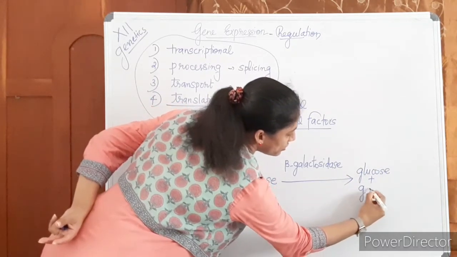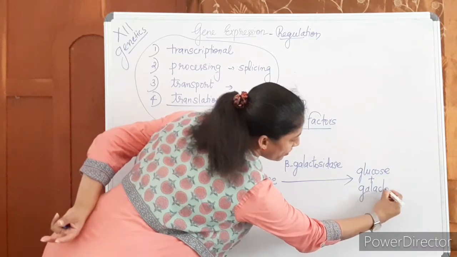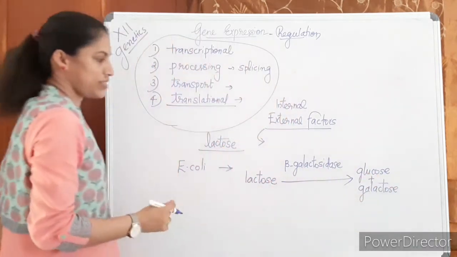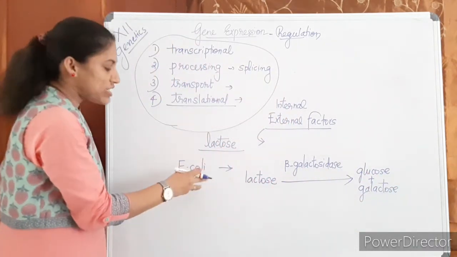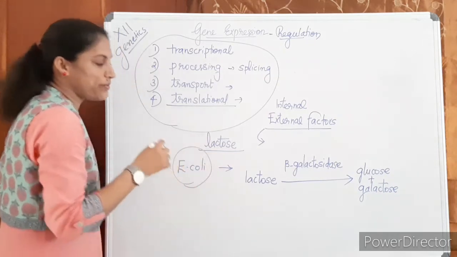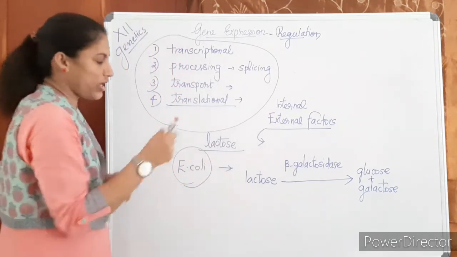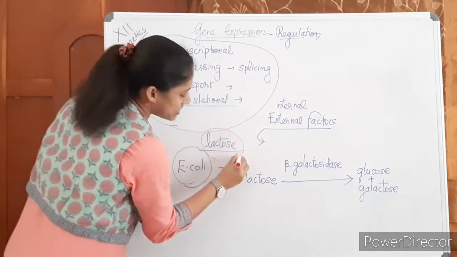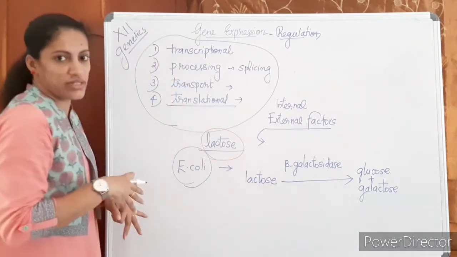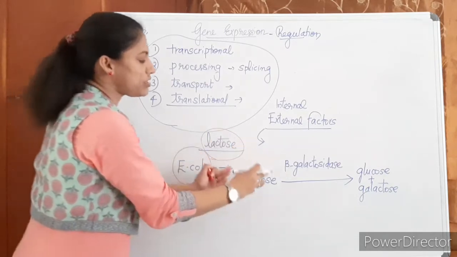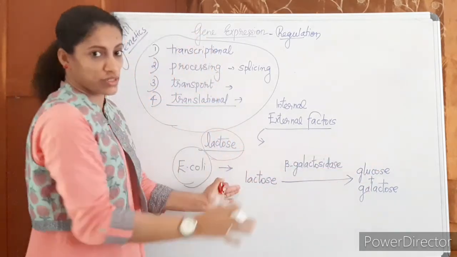You know that, okay? It's a disaccharide made up of glucose and galactose. That means if Escherichia coli bacterium gets lactose in the medium as food, okay, if this bacterium gets lactose as the nutrient, this requires the breakdown of lactose.